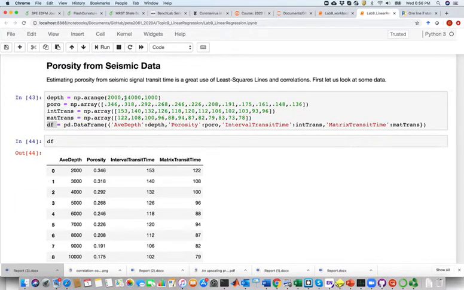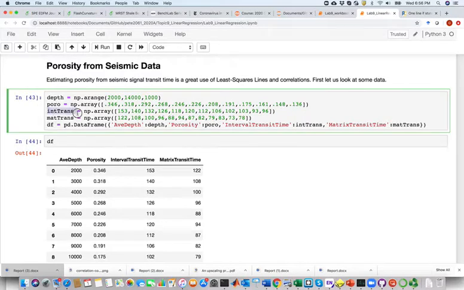This is like a practical example. You're going to learn more about this term in the course of your petroleum engineering degree, but this is interval transit time for the rock and the fluid in it. This is for the rock only. So the rock plus the fluid will give you more time, because the velocity of sound through fluids is slower than the velocity of sound through solids.